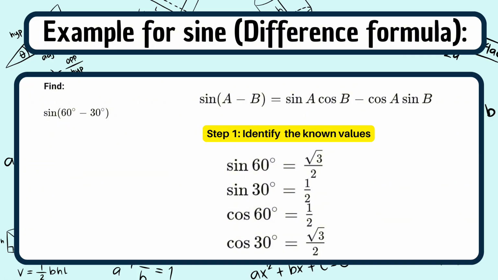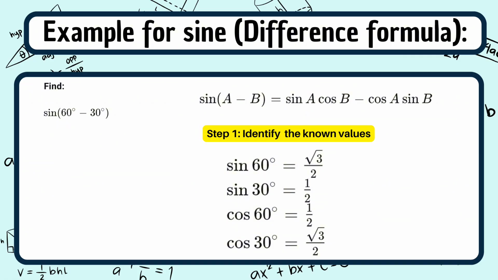Identify the known values. You can use your scientific calculator or unit circle chart. So we have sine 60 degrees is equal to square root of 3 over 2. Sine 30 degrees is equal to 1/2. Cosine 60 degrees is equal to 1/2. Cosine 30 degrees is equal to square root of 3 over 2.